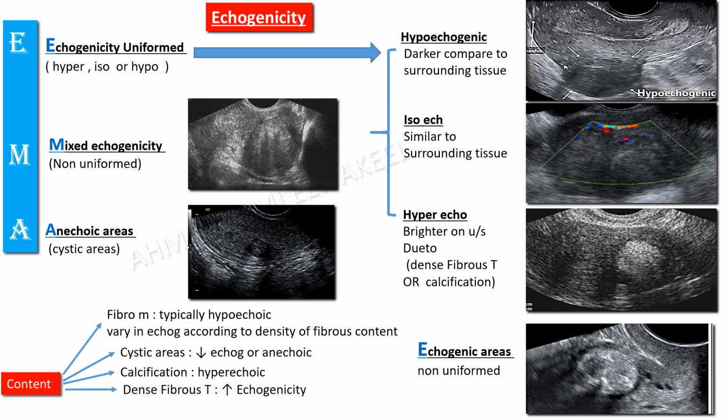Fibrous tissue in fibroids generally increases echogenicity on ultrasound. This is because fibrous tissue is denser and more reflective to ultrasound waves compared to smooth muscle tissue. Hyaline degeneration often appears as areas of mixed echogenicity.